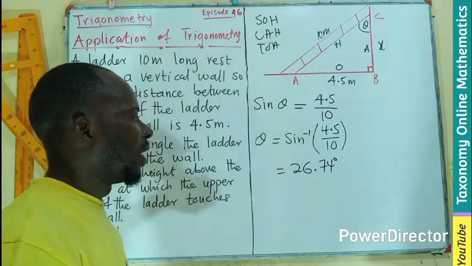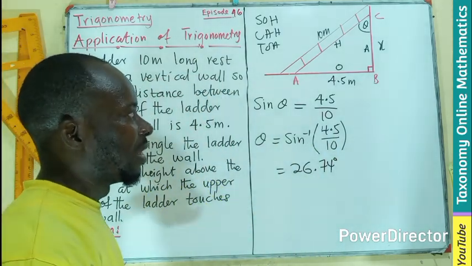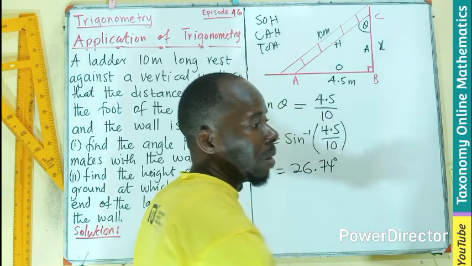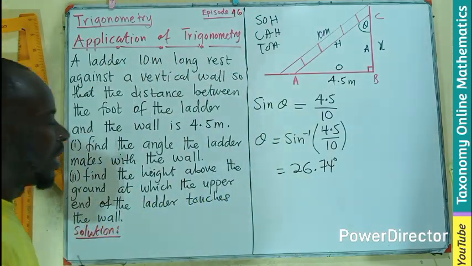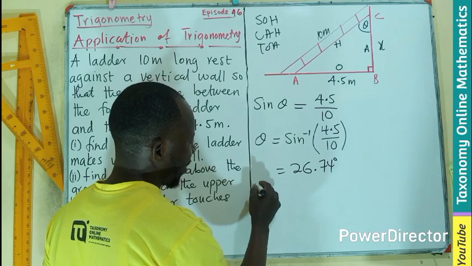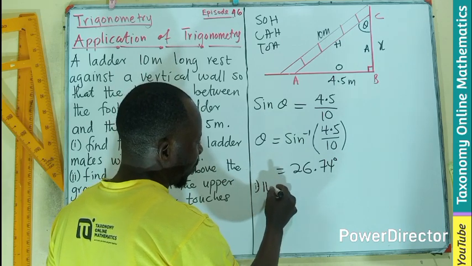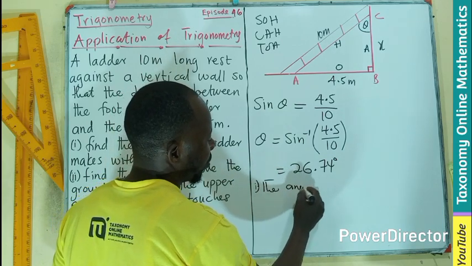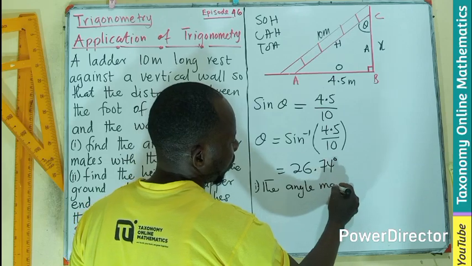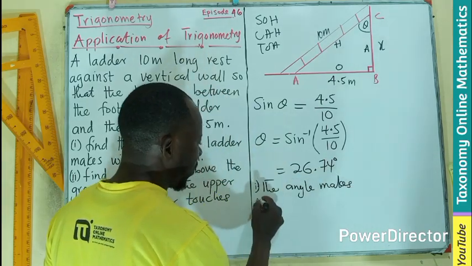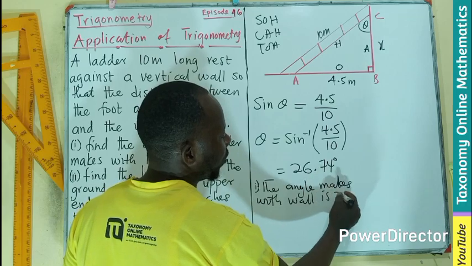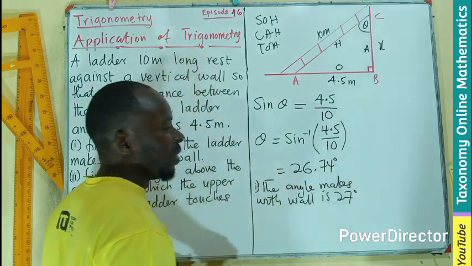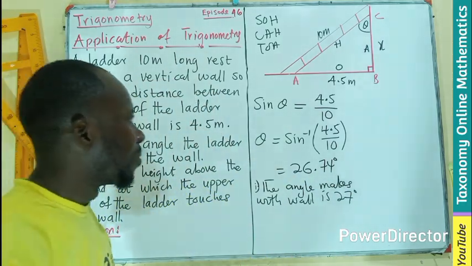I can make it 27 as a whole number value. So the first one that we are asked to find, the angle the ladder makes with the wall, is going to be 27 degrees, to the nearest whole number.